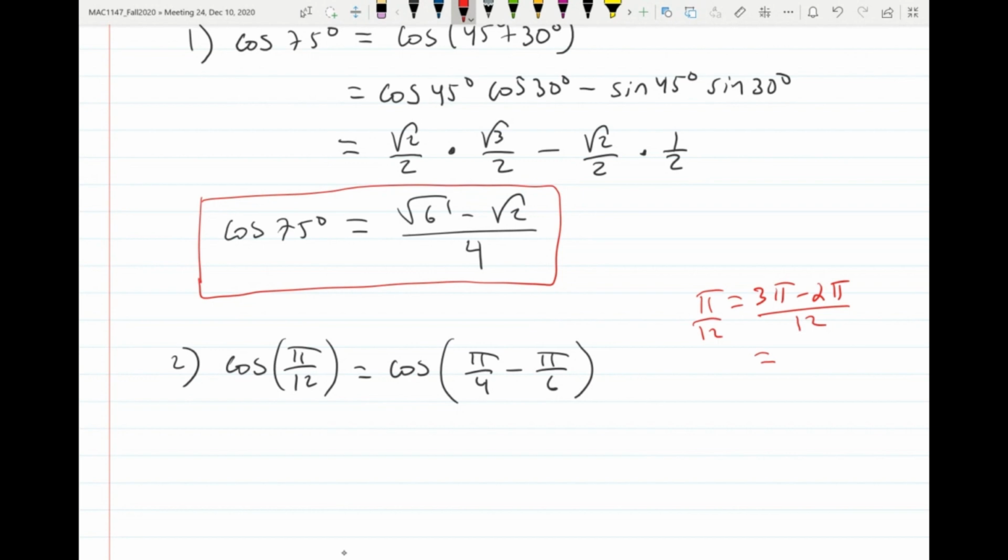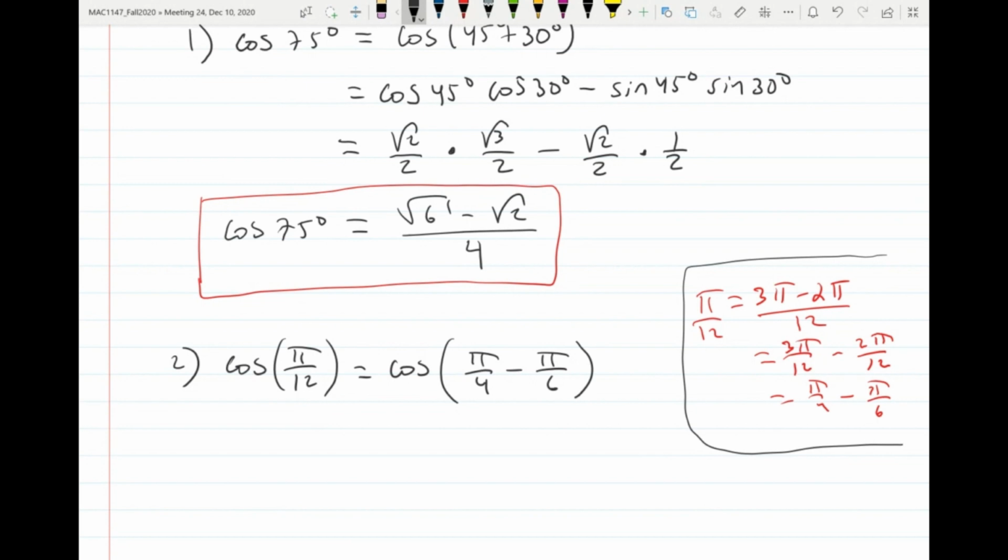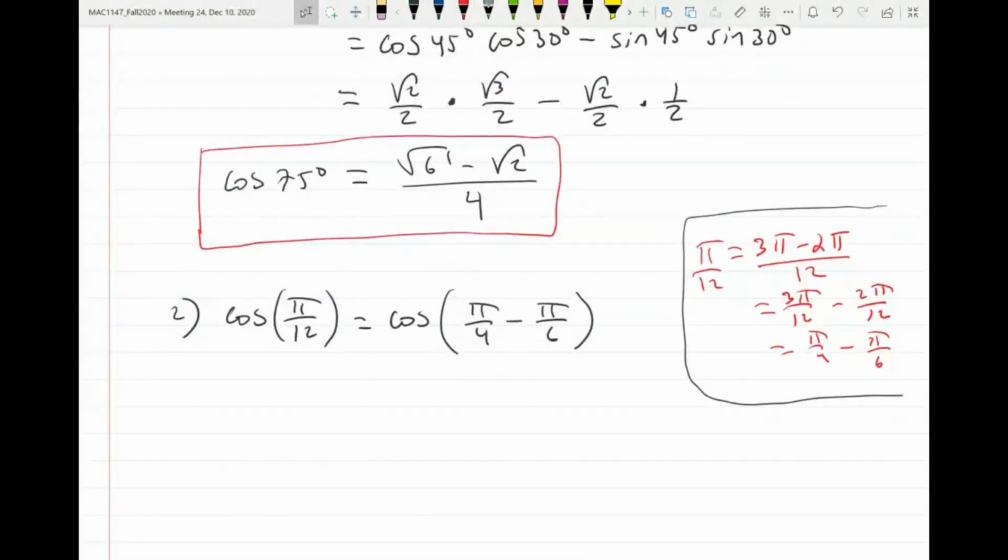And when you split it as a fraction, you would get 3 pi over 12 minus 2 pi over 12. This one giving you pi over 4, and this one giving you pi over 6. Okay? But again, this you have to think more. I think it's easier to just think of the angle in degrees, find the splitting, and then go back to radians. Because remember, we are working with radians. But it doesn't mean that we ignore degrees.